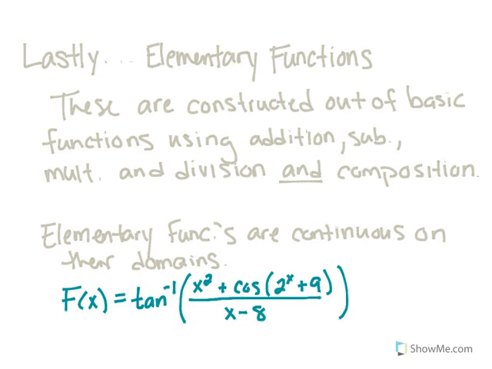So let's take this big function as an example. There's a lot of things going on here. We're going to try to figure out the domains of all of the individual parts first and figure out how that influences the continuity of it. So the tangent function in itself is the one that looks like this, right?